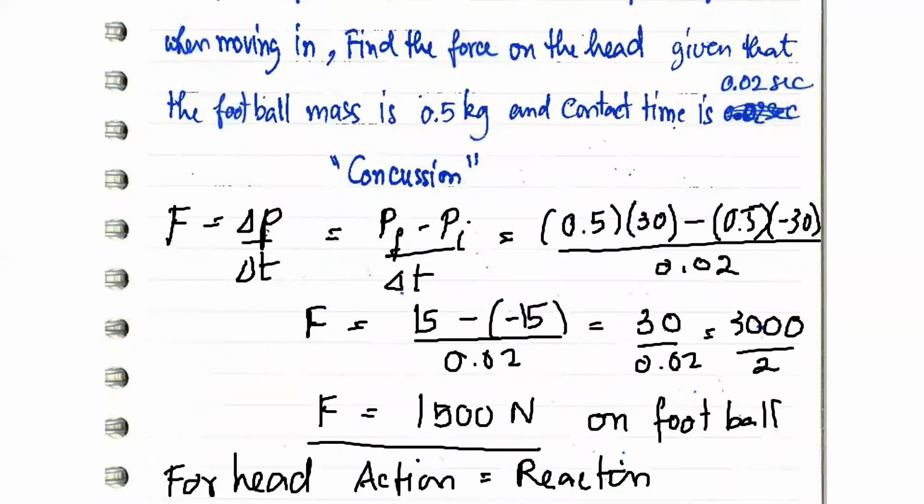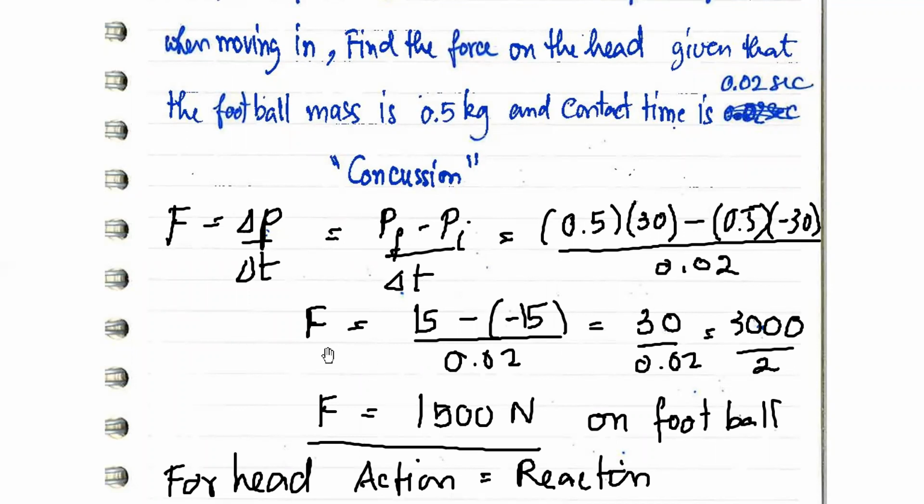And you will see that force is equal to the rate of change of momentum, delta P over delta T, which is P final minus P initial over delta T. So it's 0.5 times 30 minus 0.5 times minus 30, divided by 0.02.